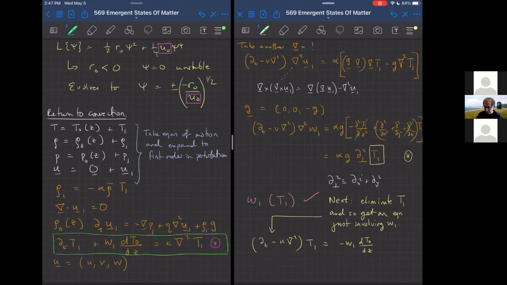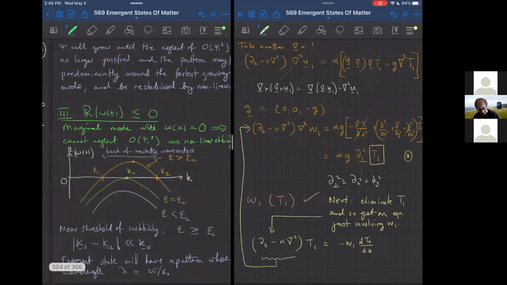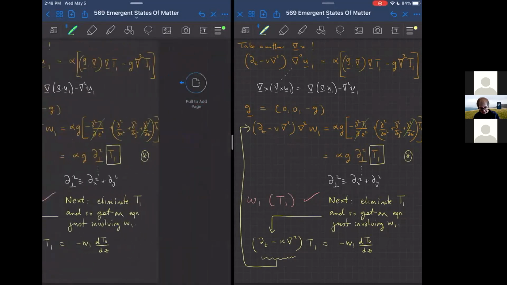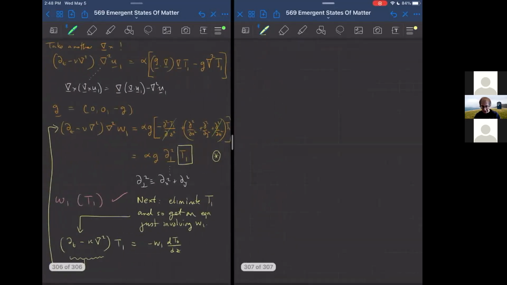The best way to do that is take this diffusion operator and operate with it onto this equation. That will go through onto the right-hand side, hit this T1 and turn it into something that involves W1. So that's the strategy. Let's go ahead and do that.